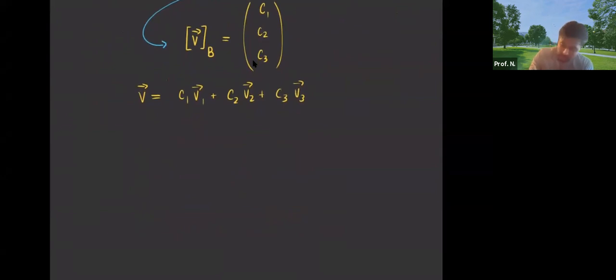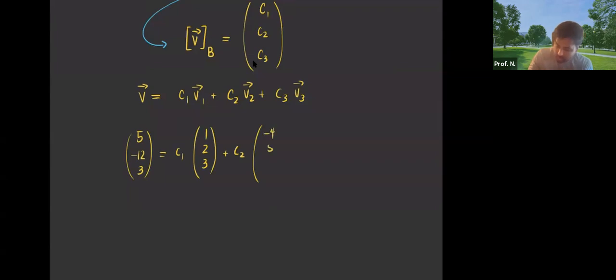So this becomes (5, -12, 3) equal to c1 times v1, which is (1, 2, 3), plus c2 times v2, which is (-4, 5, 6), plus c3 times v3, which is (7, -8, 9).